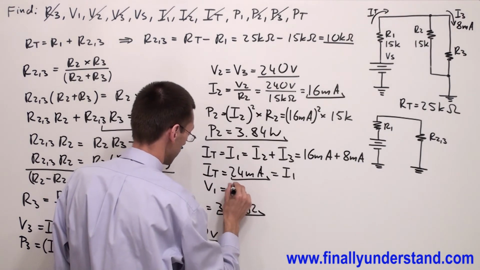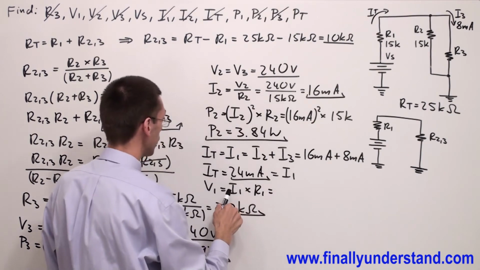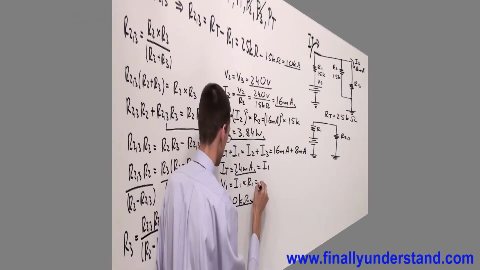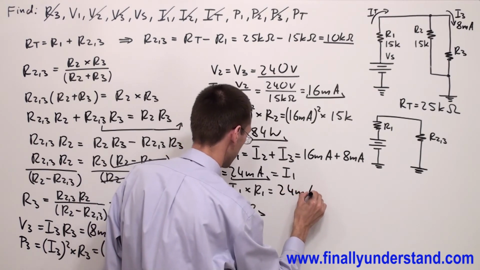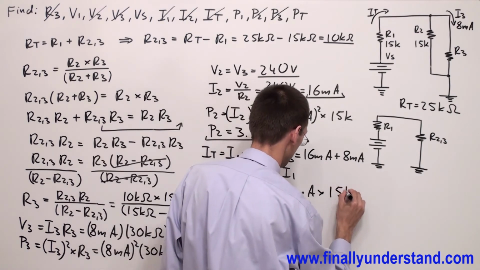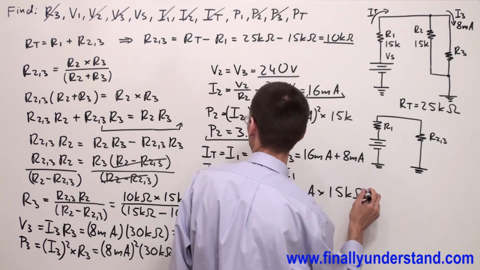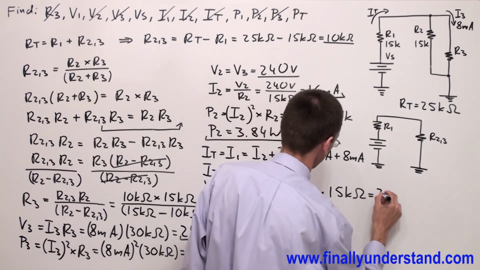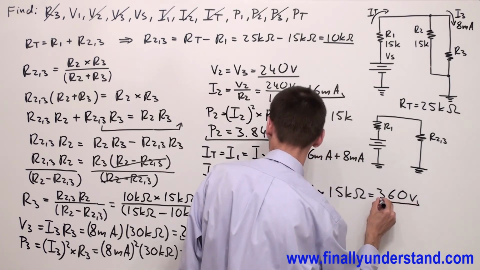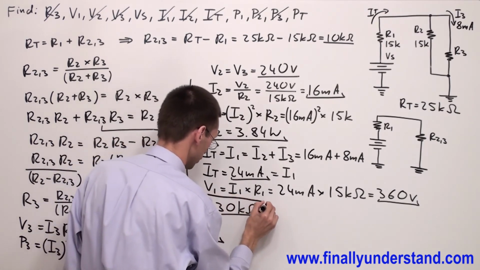V1 is equal to I1 times R1, where I1 is equal to 24 milliamps times R1, 15 kiloohms. This is equal to 360 volts. Okay, so let me just draw the border, just make sure that we're not going to be confused.